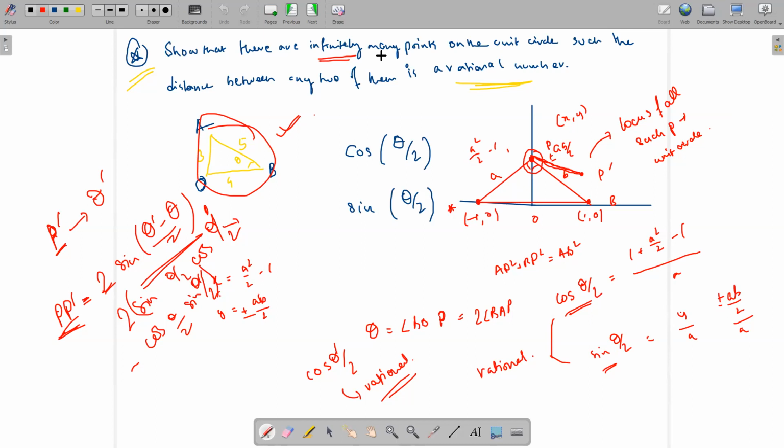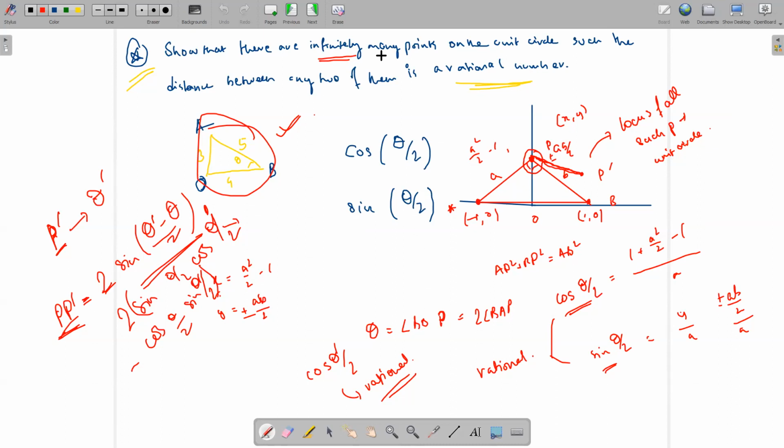So for each such point, we can have 2 solutions on the circle at that distance. Since a circle has infinitely many points, we can do this with any point. So for any given rational number lesser than the diameter, we can have 2 points whose distance is a rational number. So this is correct.